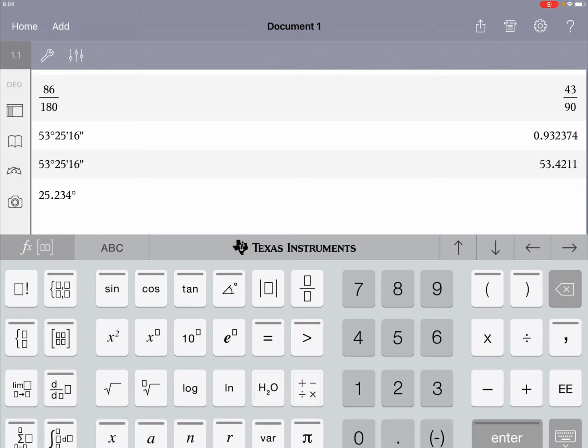Let me see that. Nope, that's not. N, nope. R, nope. That's A, nope. X, nope. Pi, nope. VAR, nope. Where is it? Yeah, that's supposed to be a little arrow thing. Ah, right here, this one.